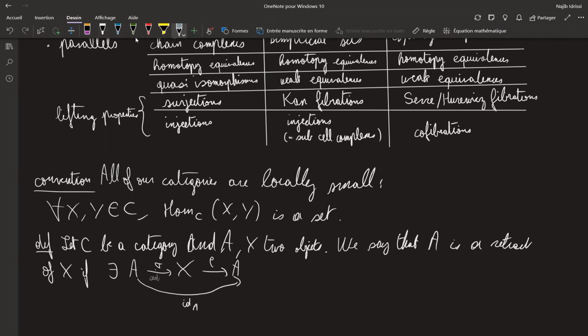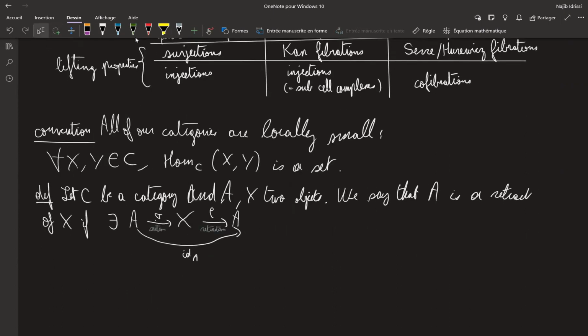This is a section, and here this is a retraction. So you should not confuse the two words, right? There is retraction and there is retract. And so this means, if you think about it in terms of spaces, that A is a subspace of X, and X retracts onto A, right?